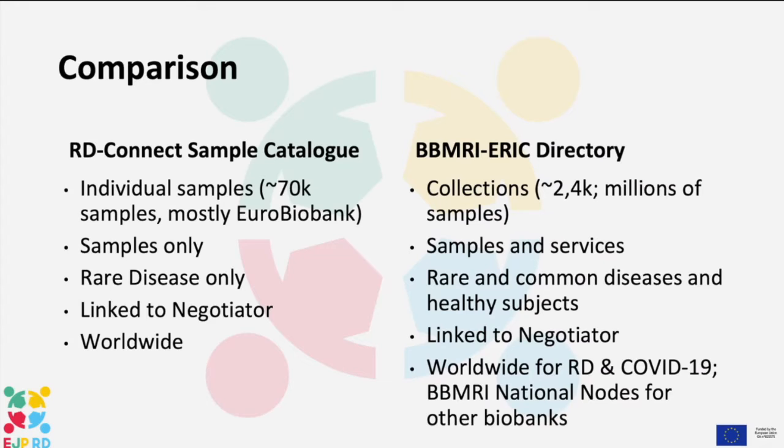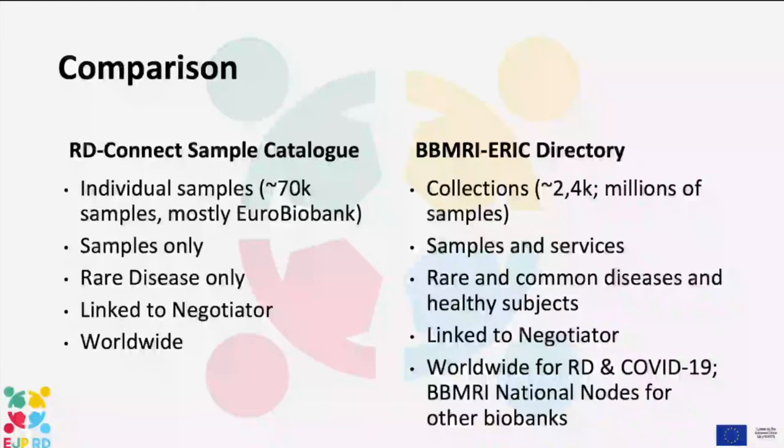It's not only about samples, but a biobank can also advertise services in the directory, and this is not only about rare diseases, but also common diseases, and also includes collections that are about population, so healthy subjects.